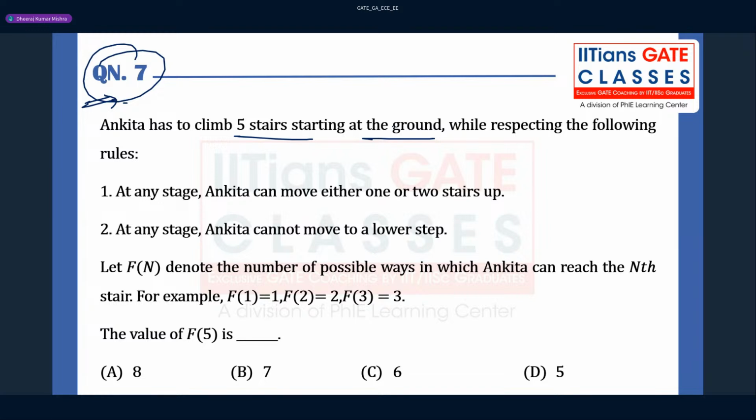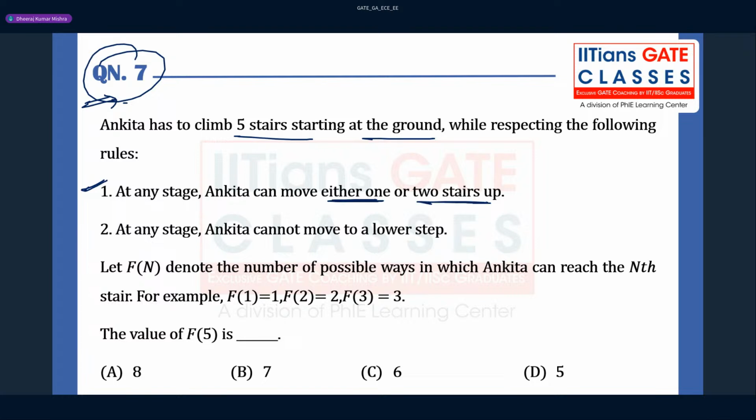Ankita has to climb 5 stairs starting at the ground, respecting the following rules. Whatever rules are mentioned, we have to follow. First, at any stage Ankita can move either one or two stairs up.